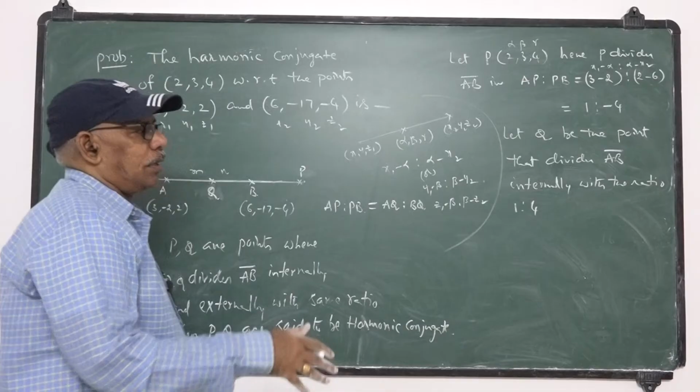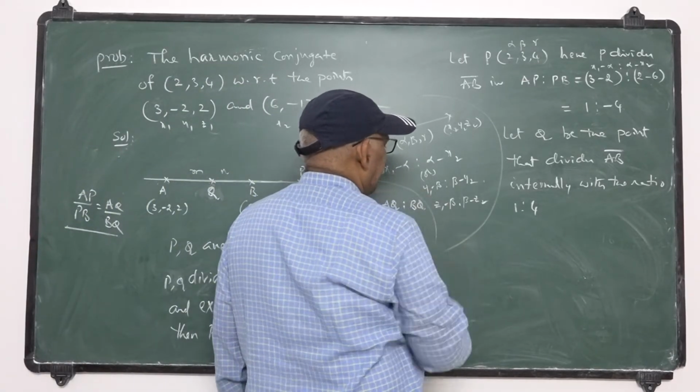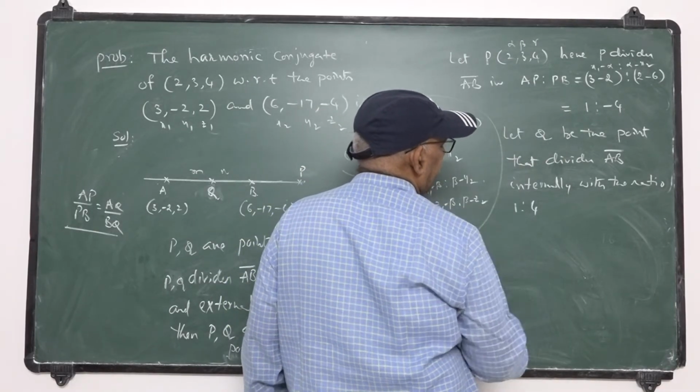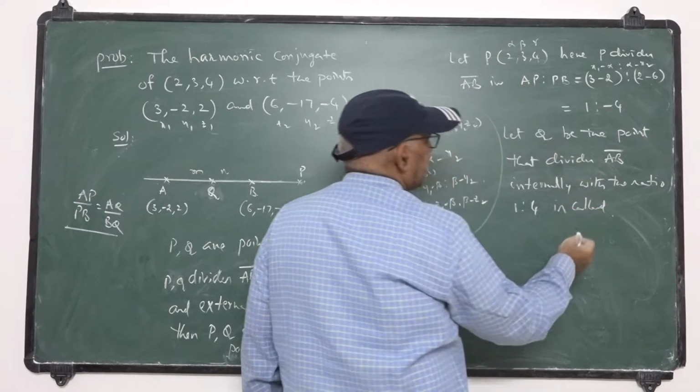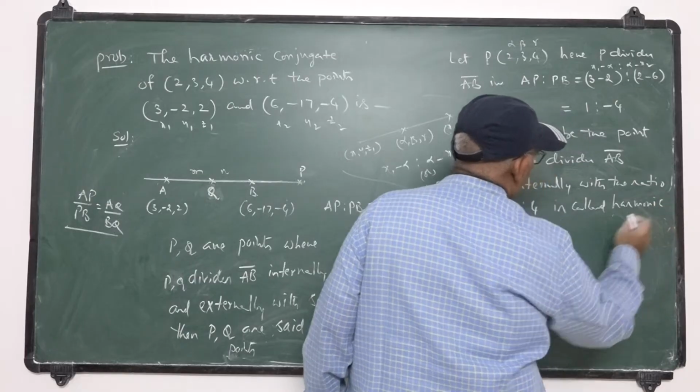Internal division means we are taking the positive sign. So 1 is to 4, the internal division point is called the harmonic conjugate.